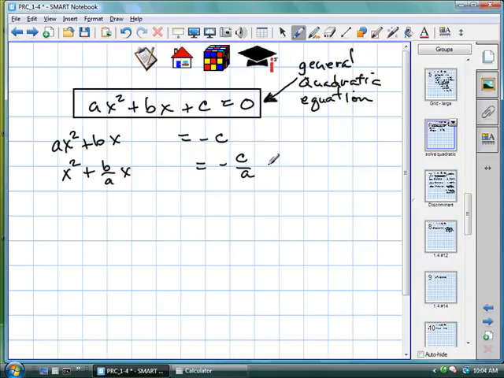Now, let's complete the square. So take the coefficient of x, which currently is b over a. Take half of that. What's half of b over a? b over 2a, or, yeah, I heard somebody say 1/2 b a. And wouldn't that be the same as b over 2a?